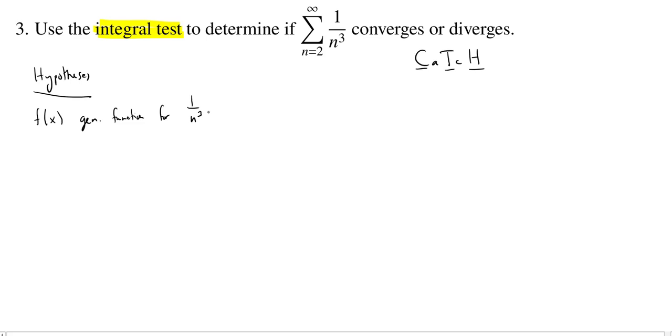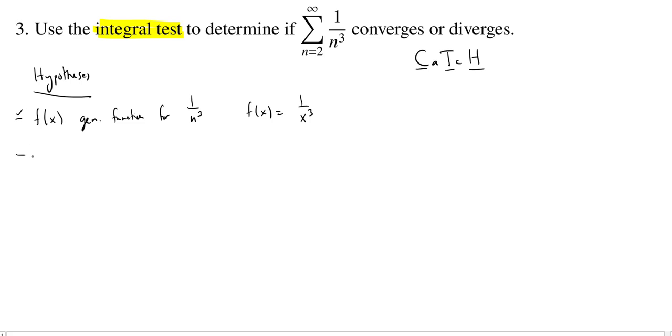Well, it's pretty reasonable here. f of x should be 1 over x cubed. Whenever we're given a sequence in such an explicit format, the generating function is almost always just: take the sequence, replace all your n's with x's. Okay, cool. So we're able to do that.